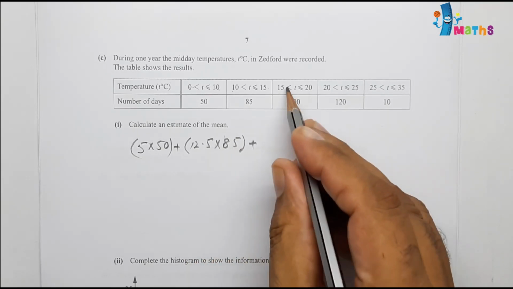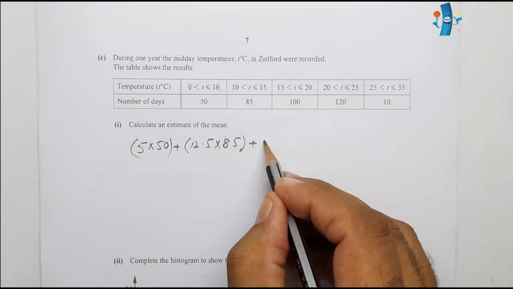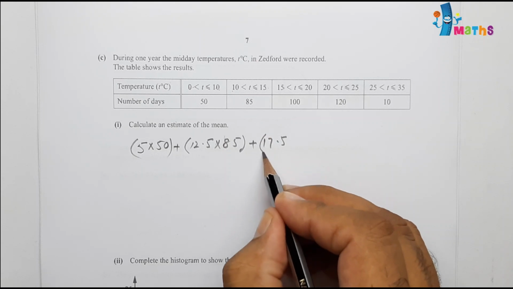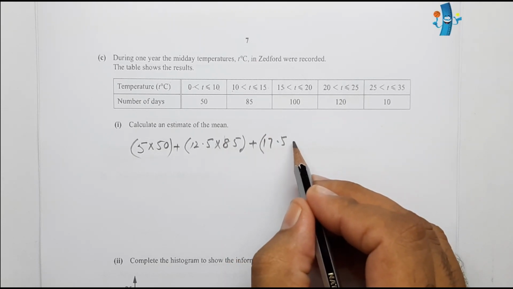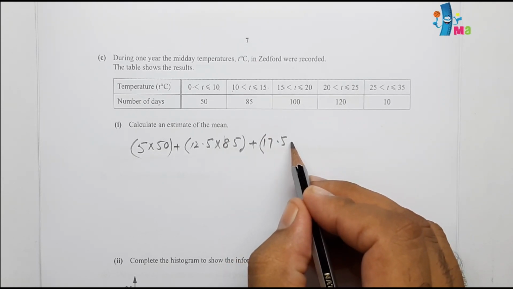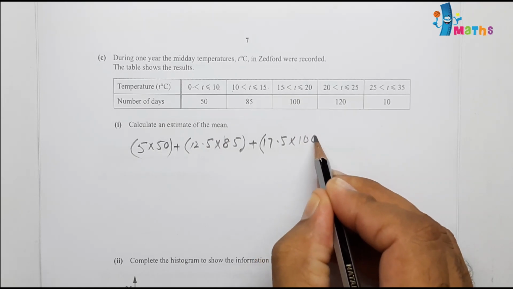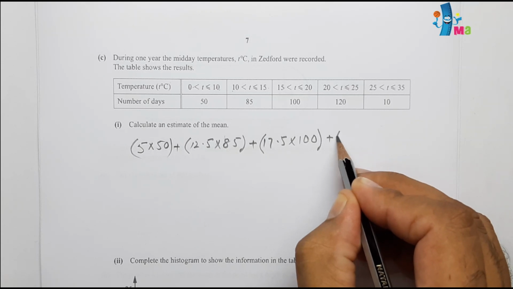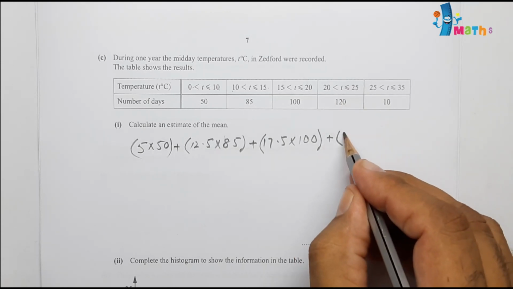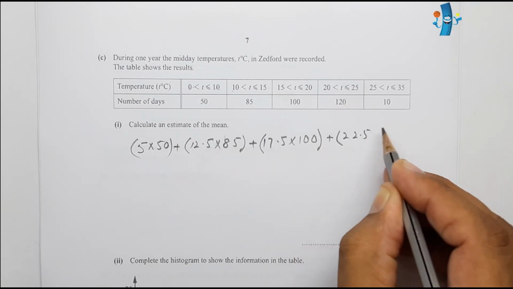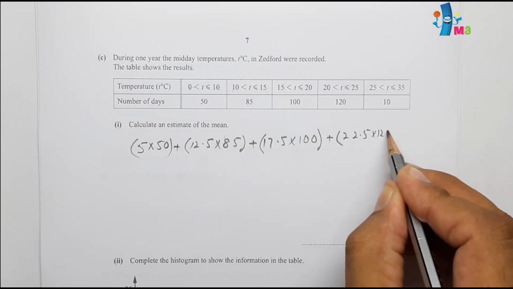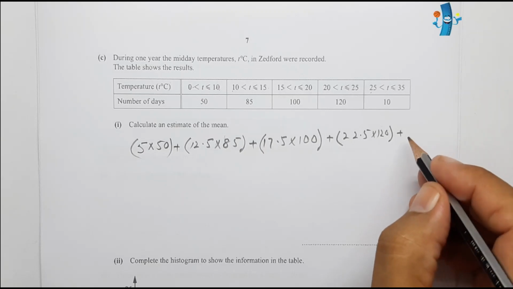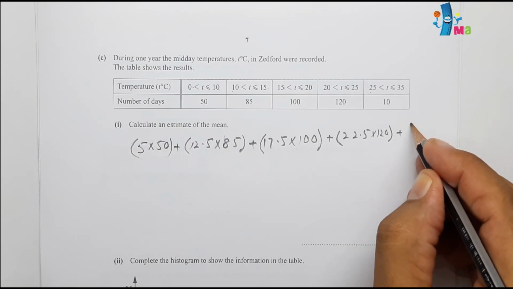Then the next range, 15 plus 20 divided by 2 will be 17.5, multiplied by 100. Similarly, plus 20 plus 25 divided by 2 will be 22.5, multiplied by 120, plus 25 plus 35 divided by 2, this will be 30.